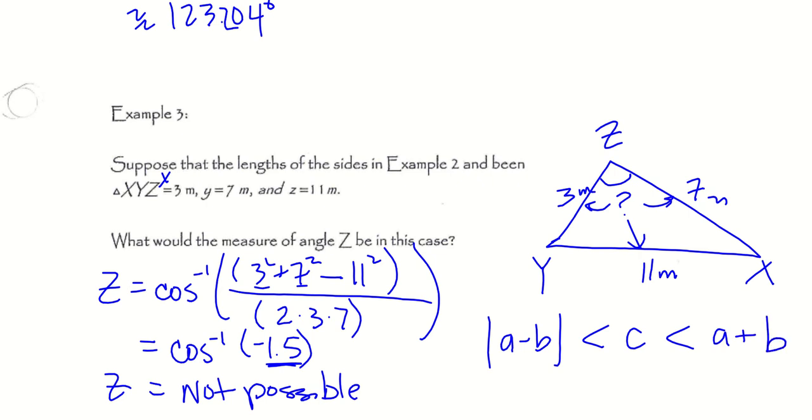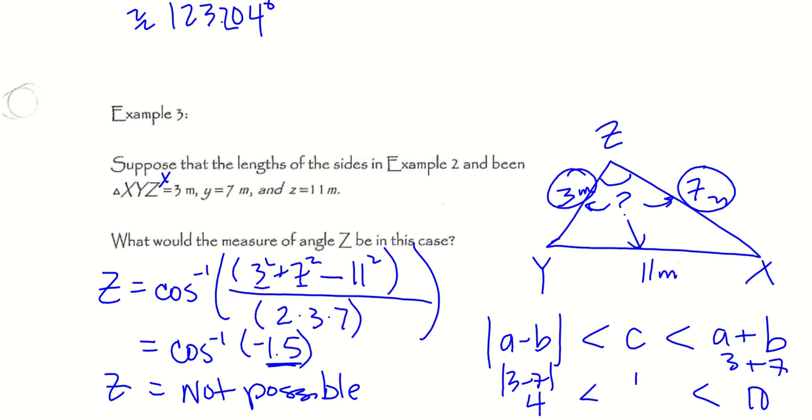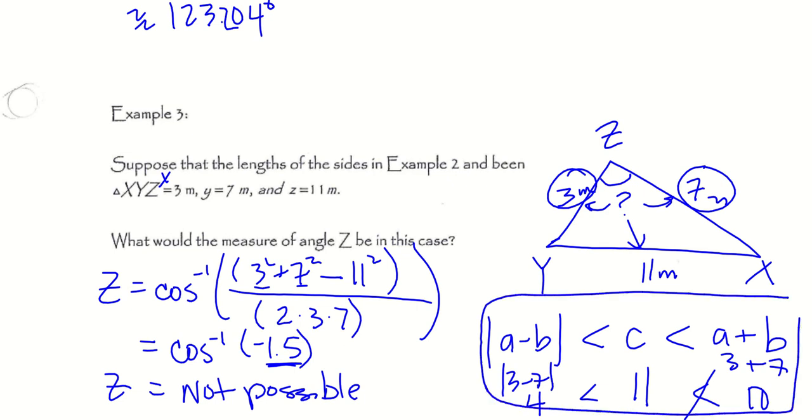Which means that if I have sides 3 and 7, 3 minus 7 is negative 4, its absolute value is 4, and if I take 3 plus 7, I get 10, which means the third side of this triangle would have to be between 4 and 10. So if that third side is 11, that's bigger than 4, but it's not smaller than 10, which, based on what you learned in geometry, also illustrates why this can't happen.